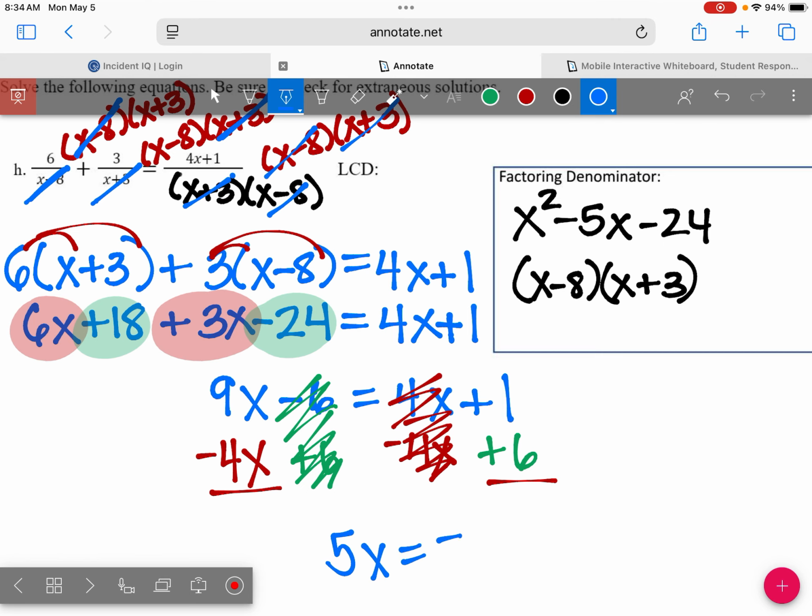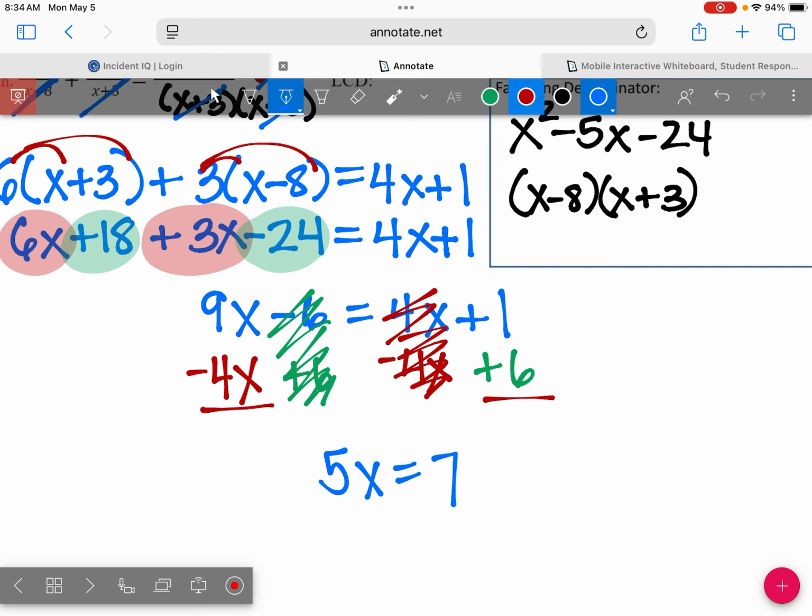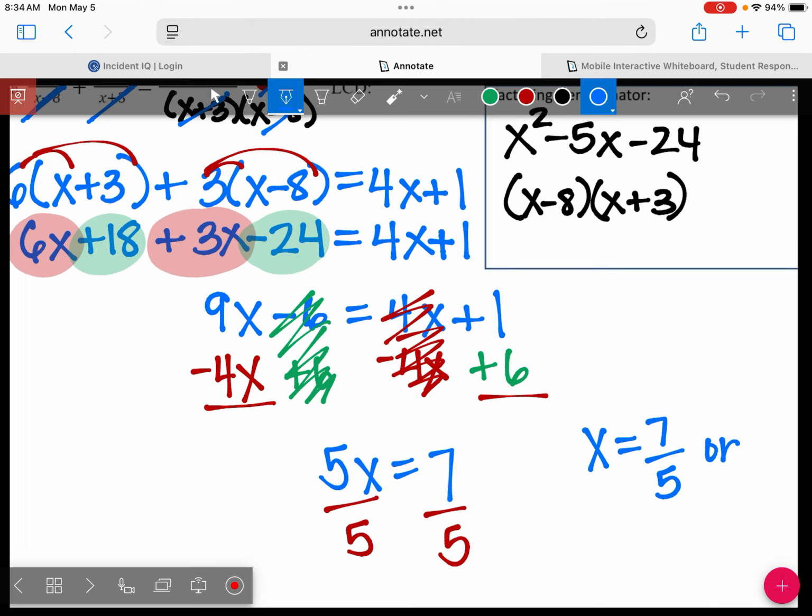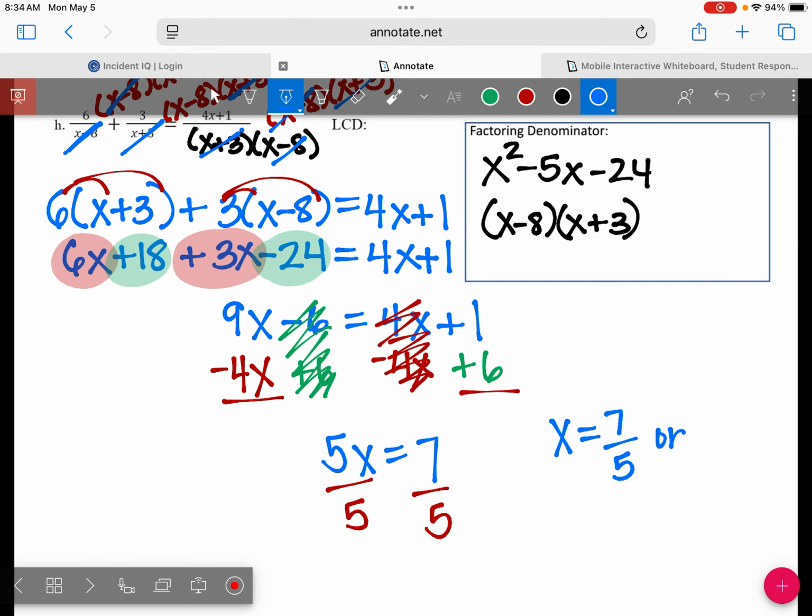And 1 plus 6 is 7. Our last step is to divide both sides by 5. And you should get x equals 7 over 5. Or if you put that in your calculator, you get 1.4.